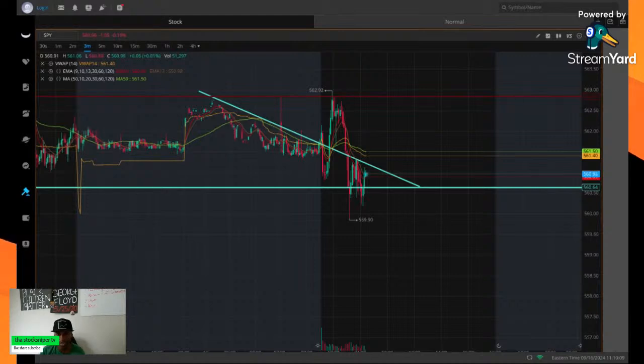Depending on how you trade, you can take 2 trades, or 5 trades, or 10 trades.